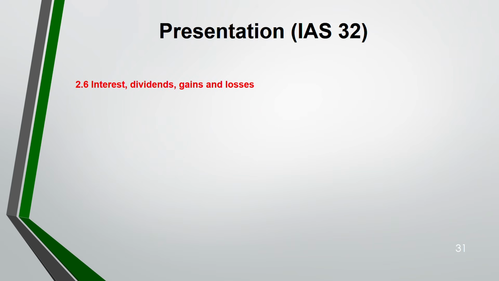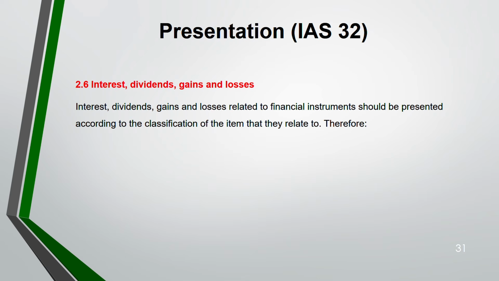Now, moving on to the income and expense part. All this while we have been talking about asset and liability. Interest, dividend, gain and loss, these are related to the financial instrument. You have to present according to the classification of the item to which they relate.